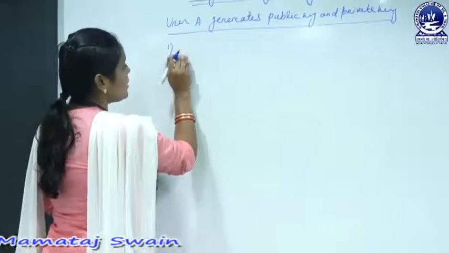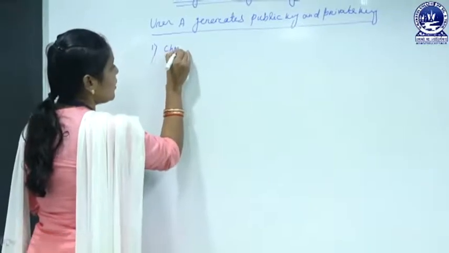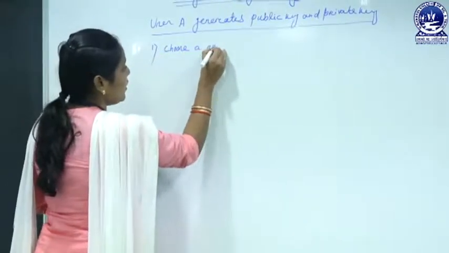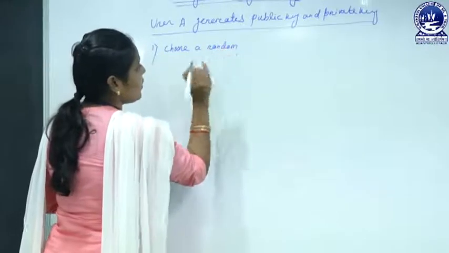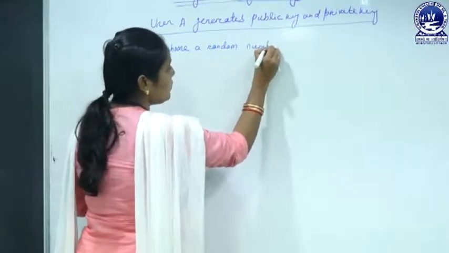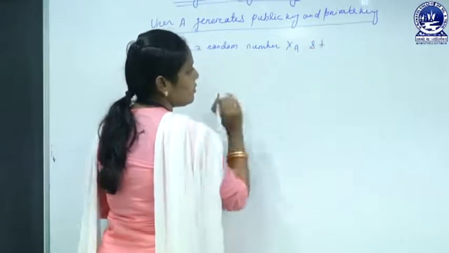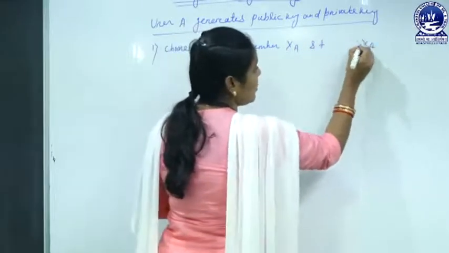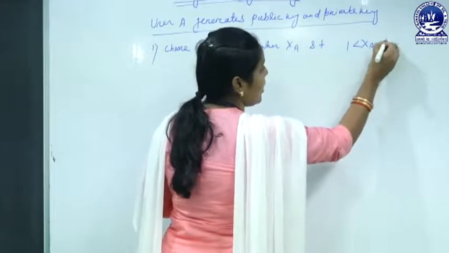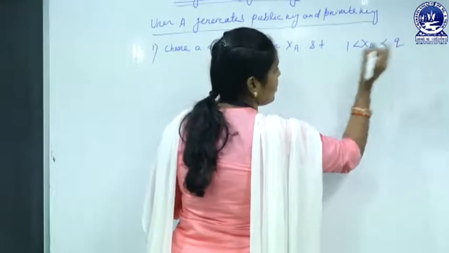That means in step 1 the user A chooses a random integer xa such that xa is greater than 1 and less than Q.